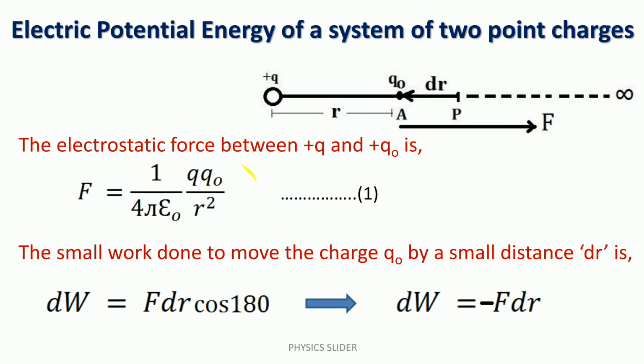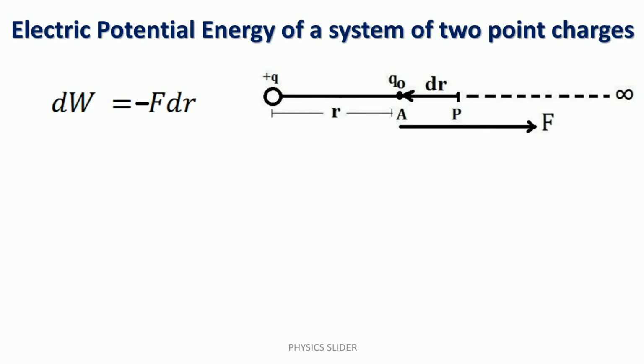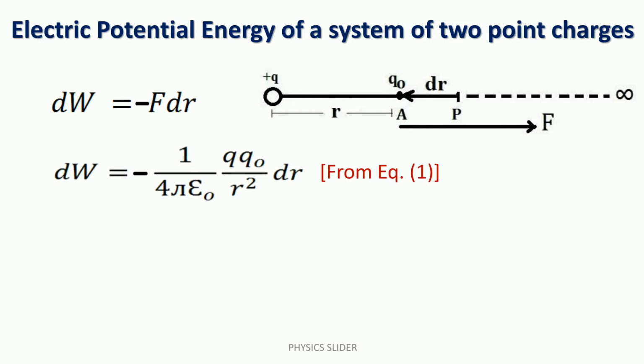So put the value of F and we will get dW is equal to minus 1 upon 4 pi epsilon naught Q Q naught upon r square into dr. So this is the work done for the small displacement dr. To calculate the total work done from infinity to r, we have to integrate this expression. So let's integrate this expression.